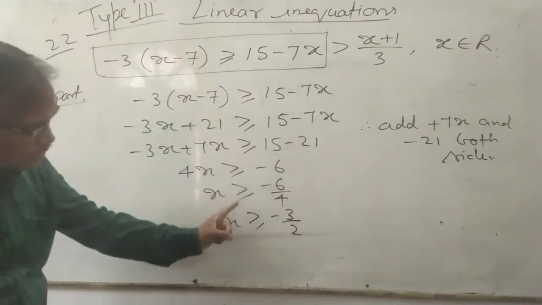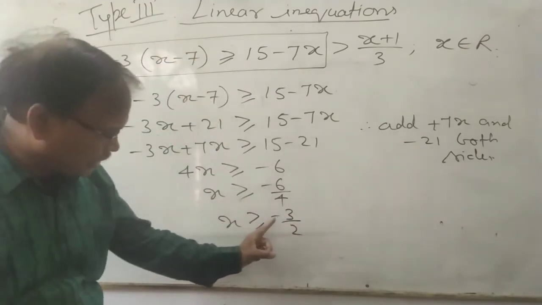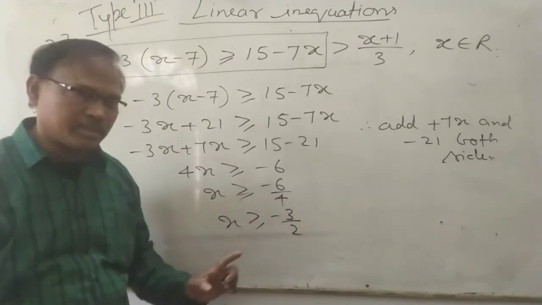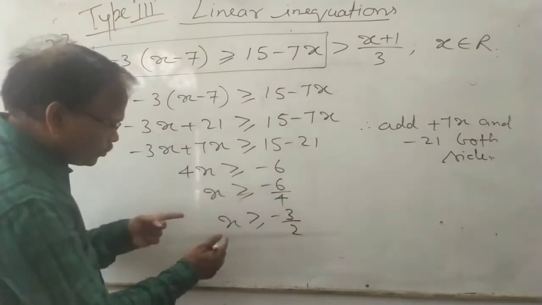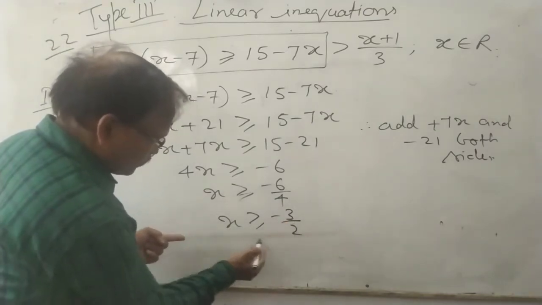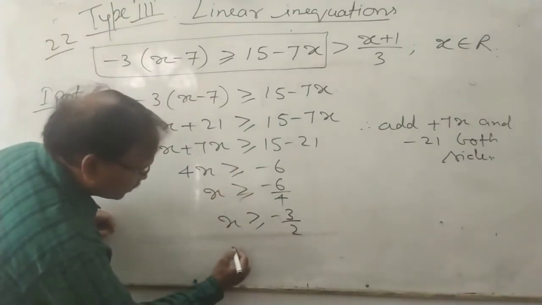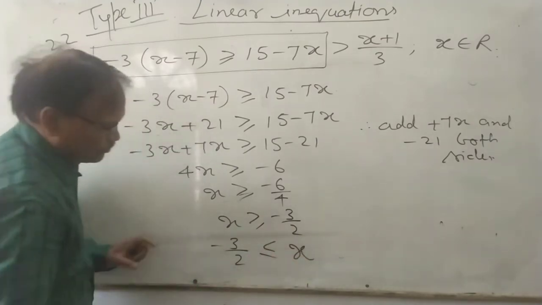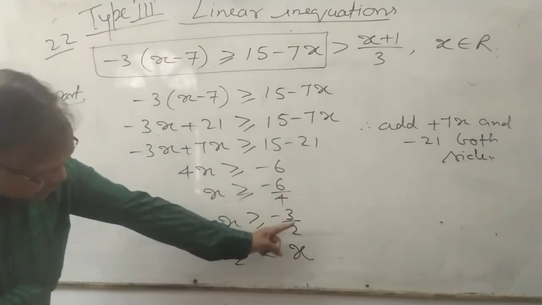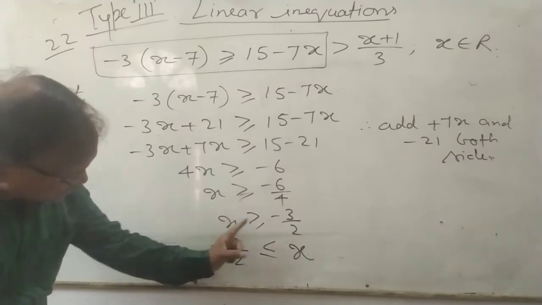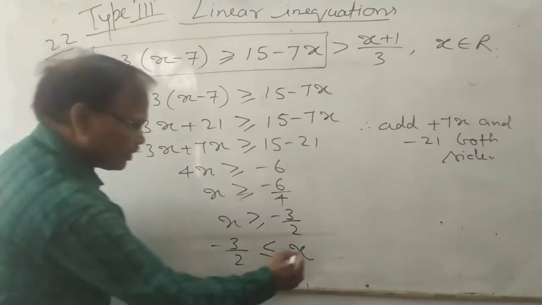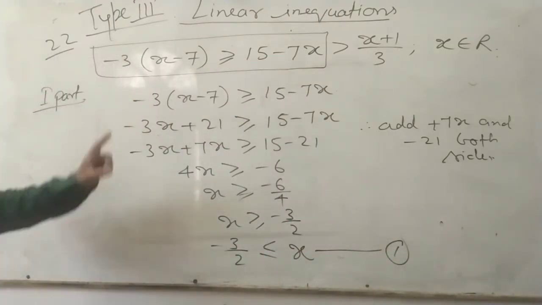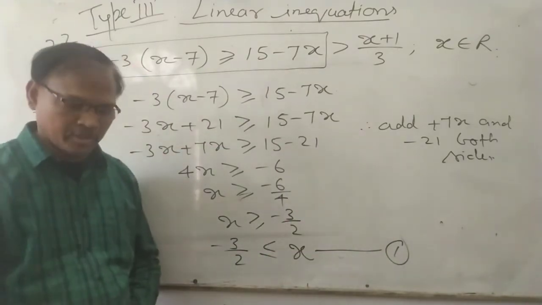When you have the first part and you are getting like this, after simplifying like type 1, you interchange these two. इसको interchange करना है. तो what you will have? अभी मैं बताऊंगा क्यों. This sign will change. Minus 3 by 2 will come on the left hand side and x will be on the right hand side. And this you write as 1. Clear? This is the first type.